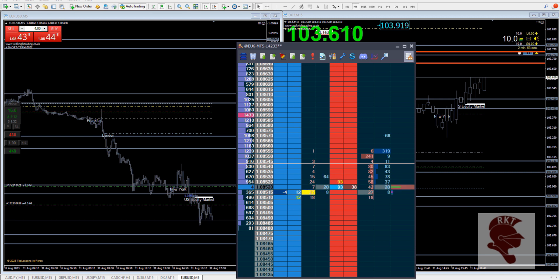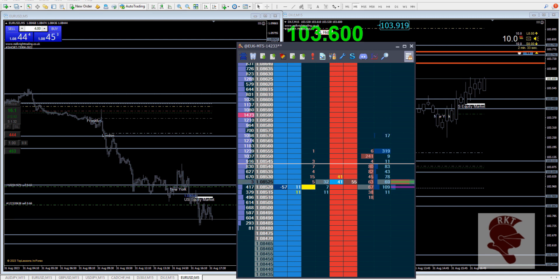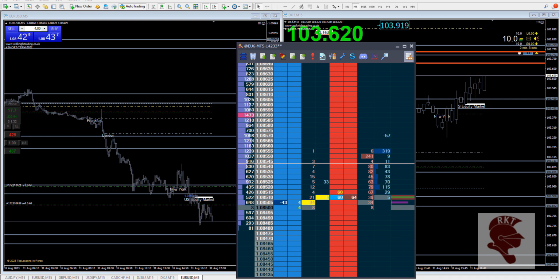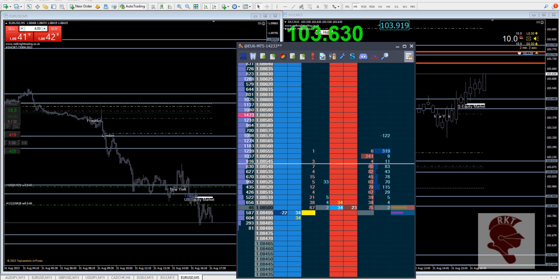That was where the latest volume profile was built. So let's see if we're going to probe for orders. It looks like it. Now we need to see some icebergs come in and take it down further. There's one, and another, and another. And another.